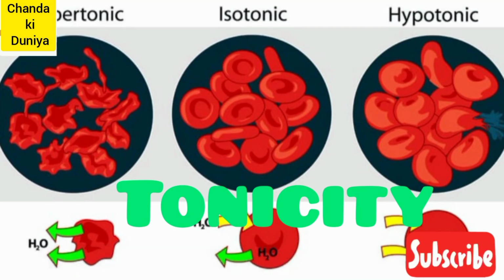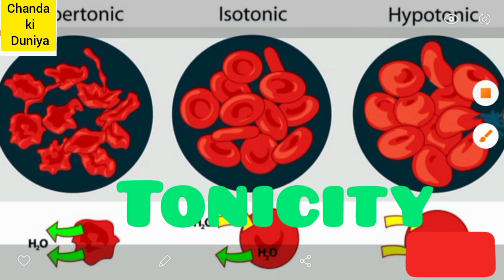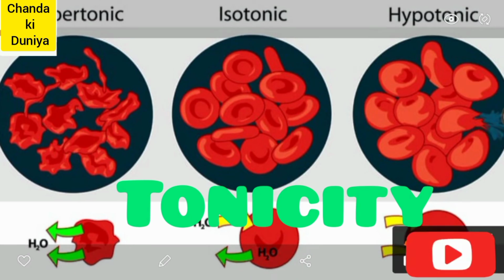What is meant by tonicity? Tonicity is the concentration of solutes in the water inside and outside the cell. And tonicity can be of 3 types. Number 1, it can be isotonic. Number 2, it can be hypertonic. And number 3, it can be hypotonic.